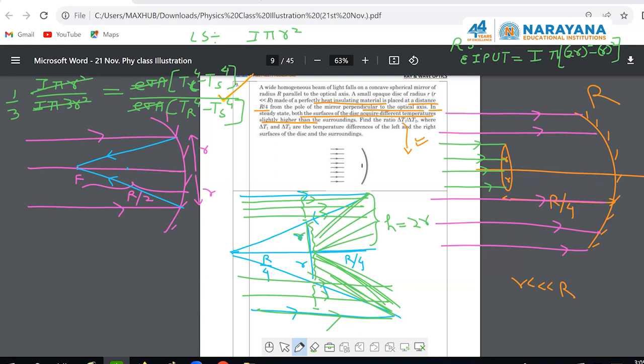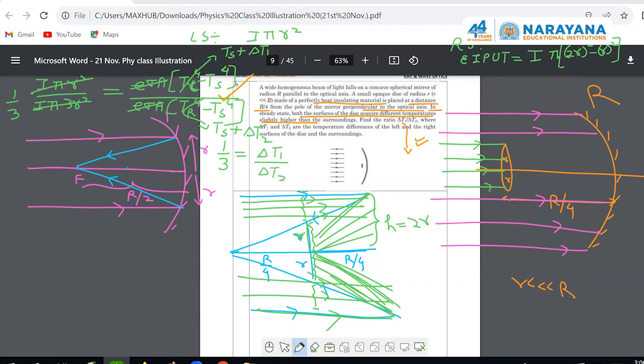Now I think all of us can directly write the ratio of the temperature differences. T left you write as T surrounding plus delta T1, and T right you write as T surrounding plus delta T2, and take binomial approximations. I think this point is clear to you that this will come out as delta T1 upon delta T2.